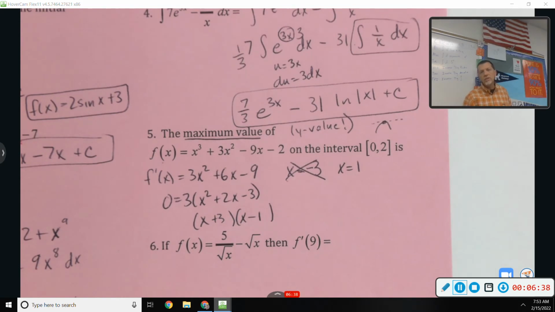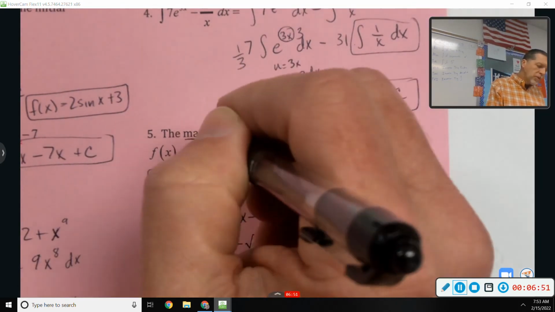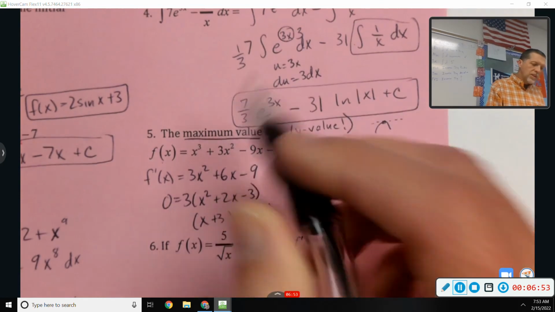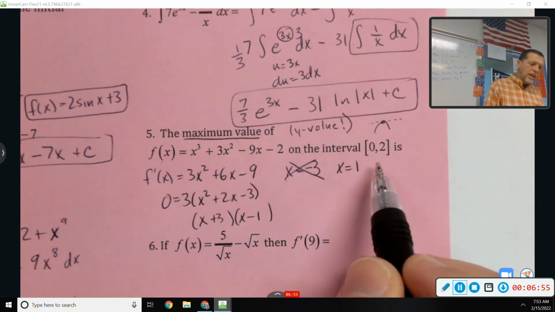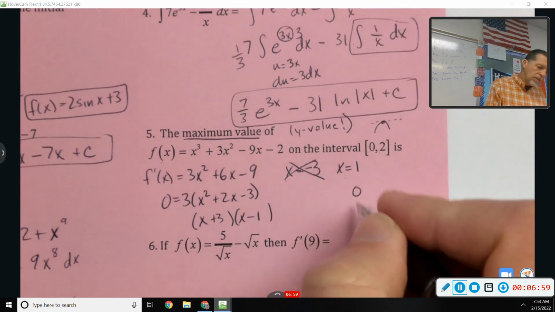Now, I don't know if x equals 1 is a minimum or a maximum, though. So I better be careful. I better not just assume that it happens at x equals 1. You know what? It didn't say absolute, but it didn't say relative, so that means I think I just need to check 0, 1, and 2. Check the endpoints and check this critical point.